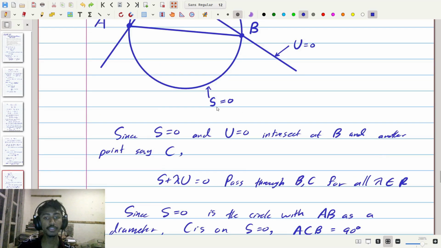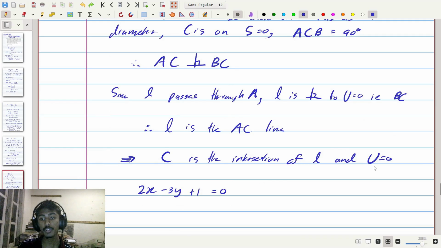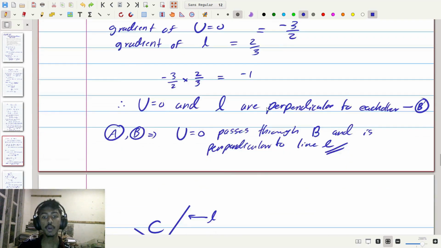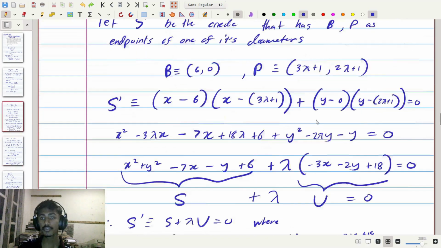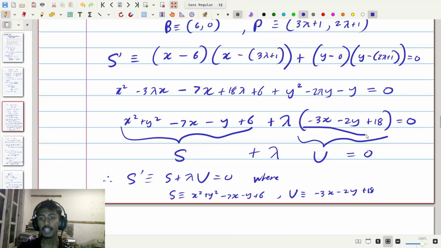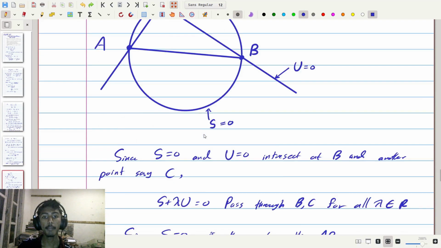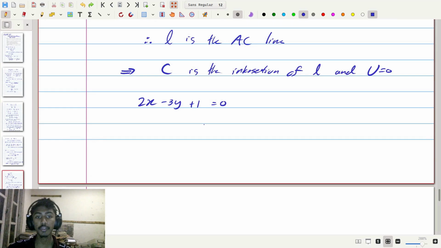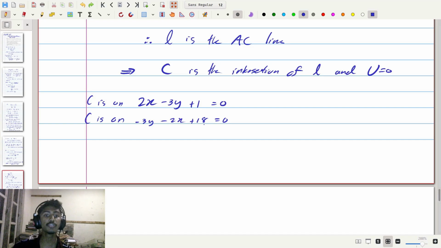We can also say, since the line u equals 0 goes through C, if we go up and consider line u equals 0, which is minus 3y minus 2x plus 18 equals 0, it must also be satisfied by C. So C is on this line and C is on this line as well.